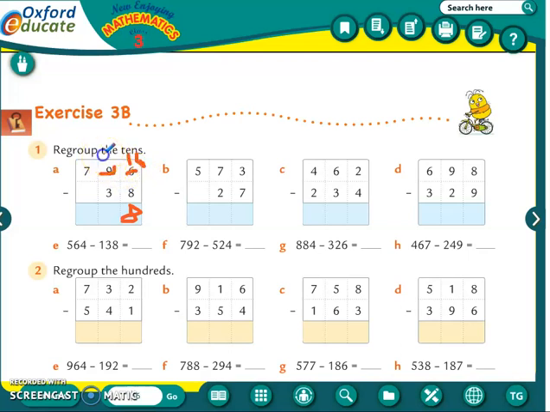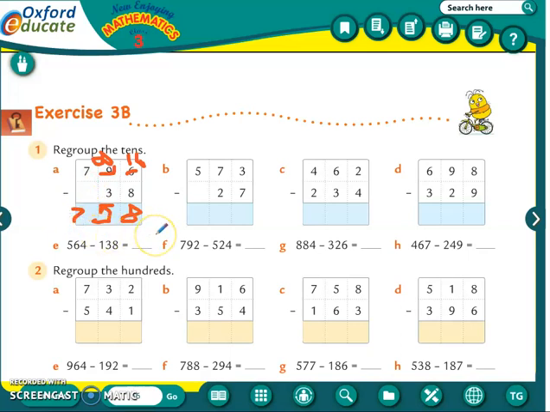So here we will write 8. So 8 minus 3 is equal to 5. And here 7, and no number is here, so here we will write 7.